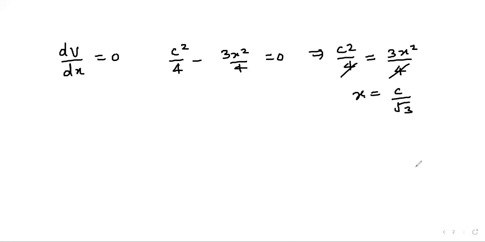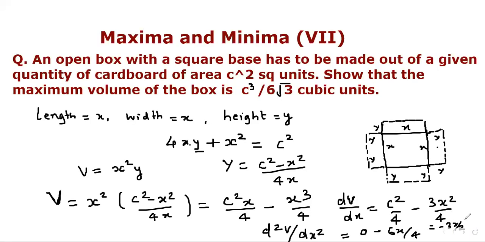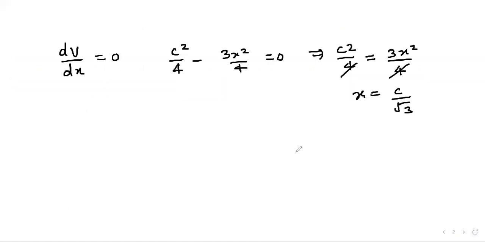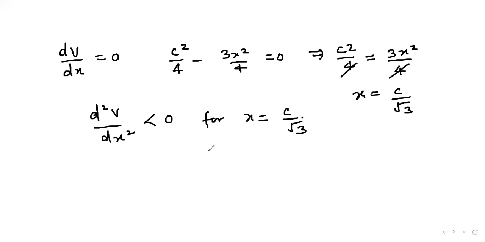At this value of x, let's see the sign of the second derivative. The second derivative is minus 3x by 2. If we put the value of x, and x is positive, definitely the second derivative will be negative. So we can say d2V by dx2 is less than 0 for x equal to c by root 3. It means the function is maximum.